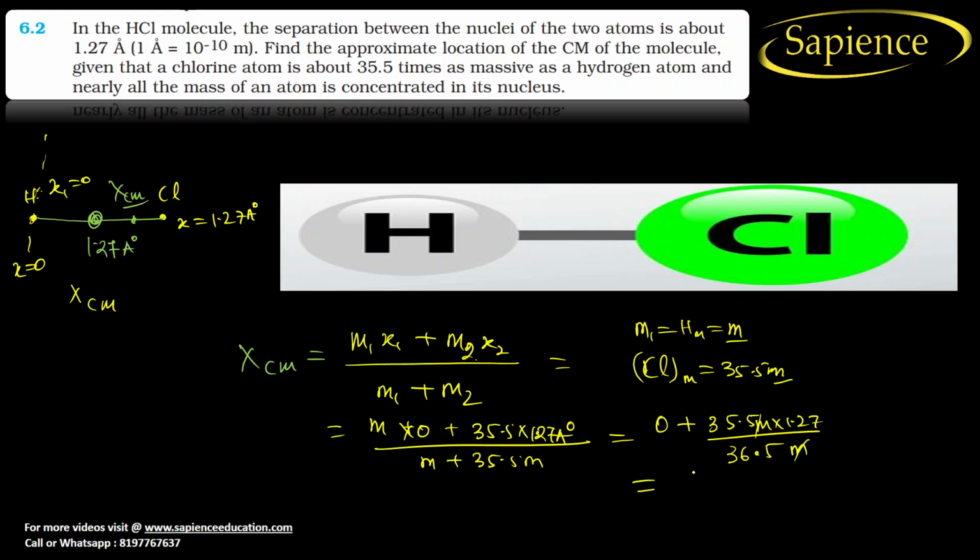So finally the center of mass is 1.235 angstrom, but we have to take only two digits, so we can round off. Our answer will be 1.2 angstrom. So the position of the center of mass will lie toward the chlorine, 1.2 angstrom from the hydrogen side, because chlorine is much heavier. The center of mass will always try to be on the side of the chlorine. Okay, so I hope you have understood this question.